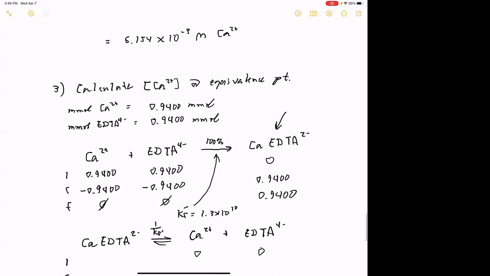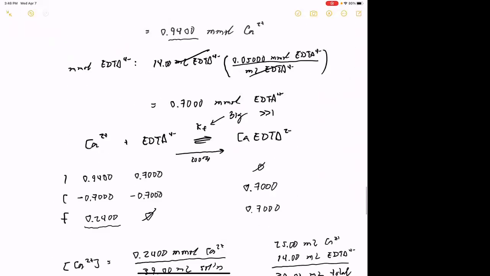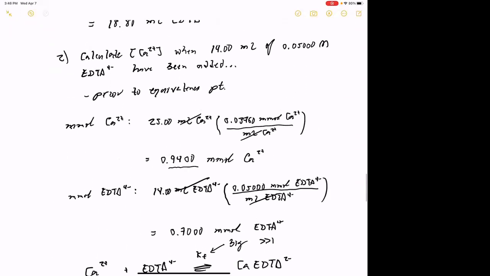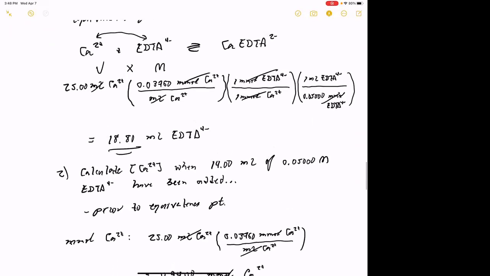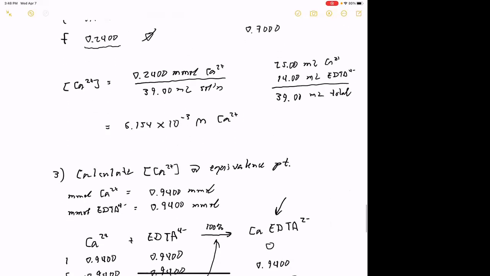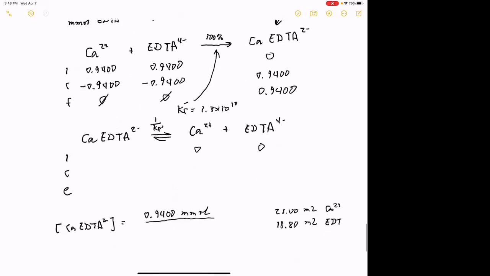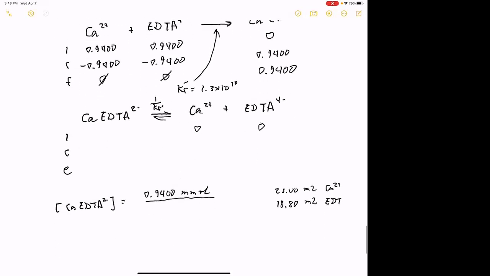Let me just double check on that. To get to the equivalence point, it's 18.8. Yeah, 18.80. It comes from up here, because we had to figure out what the volume of EDTA to get to the equivalence point was. So it's part A or part 1. That's what we need, 18.80, so don't forget about that number. Add them up and you get 43.80.